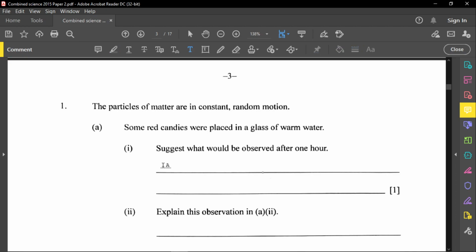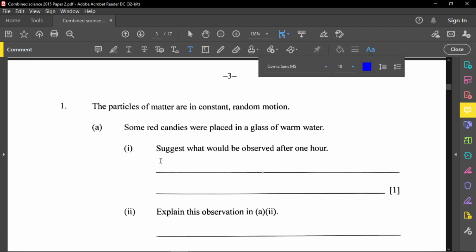The water would change to red, or the red color or the red pigment will diffuse throughout the water. Okay, so the water will change to red. Okay, and it's simply because the pigment of the candies will diffuse throughout the water. Just to make a note of that.